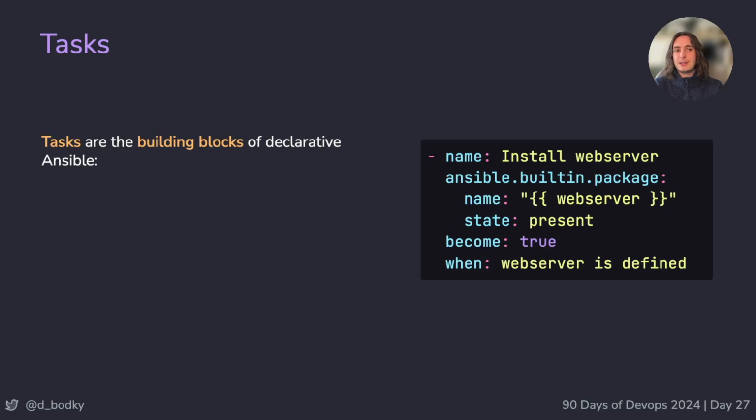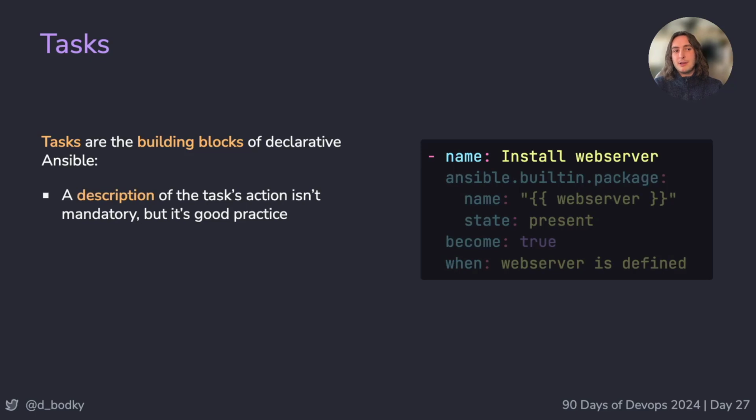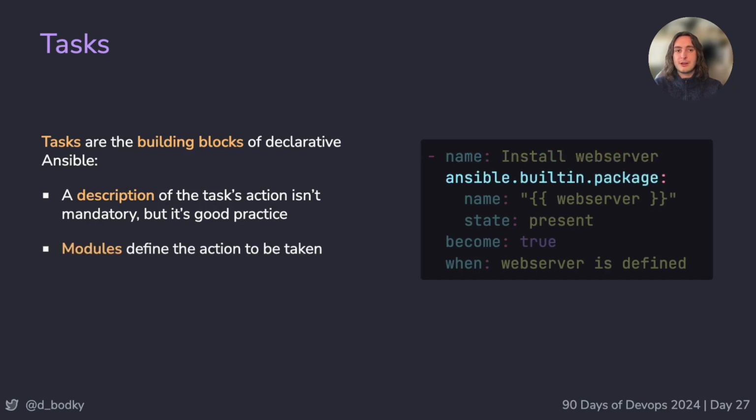Tasks are the building blocks of what we call declarative Ansible, where Ansible handles all the things itself. And you can see an example here on the right. We have a name for the task, which makes it easier for the human operator and logging and so on to identify what is actually going on. We then need to define a module just as we would in an ad hoc command. In fact, this example does the same thing we just did in the last lab.